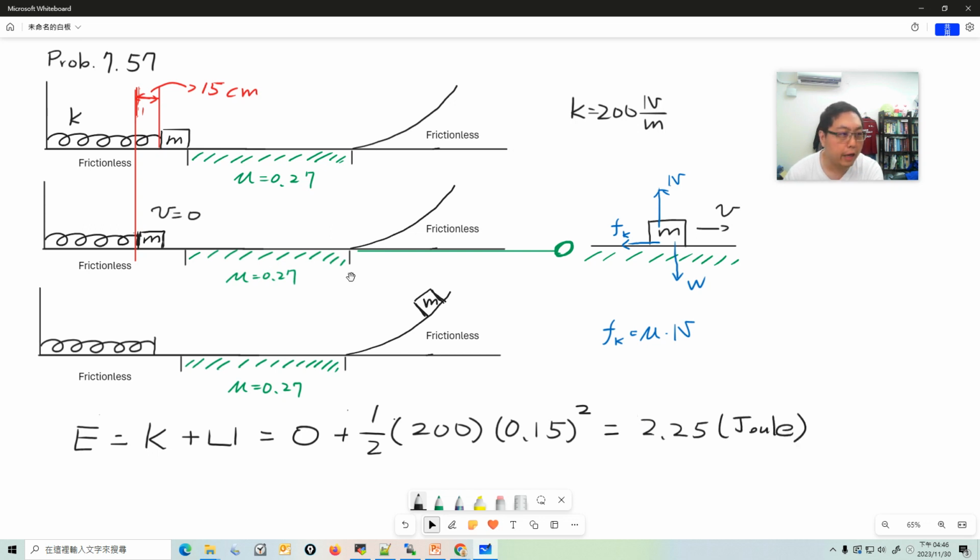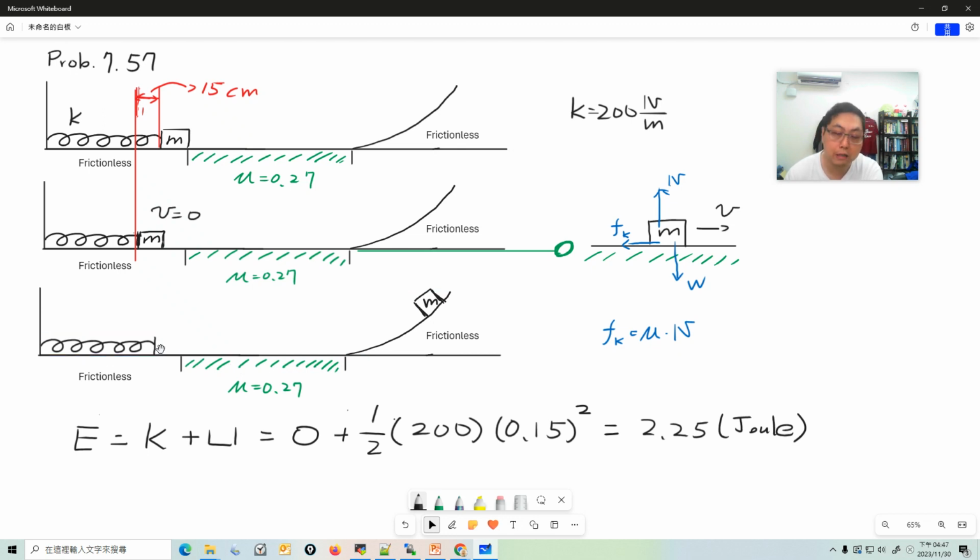After compression, once the system is released, the object starts to move, passes through the rough surface and climbs up the curved surface. Then it comes back down to the horizontal surface, all the way back to hit the spring.